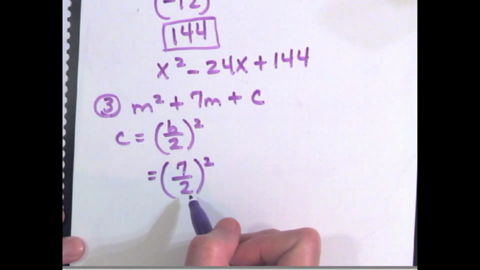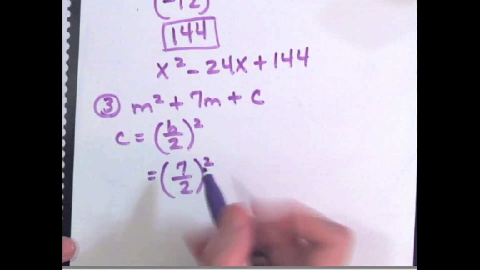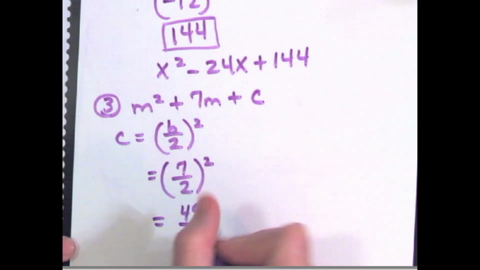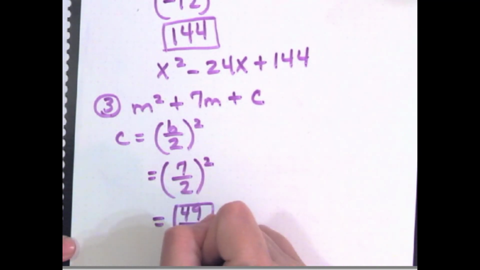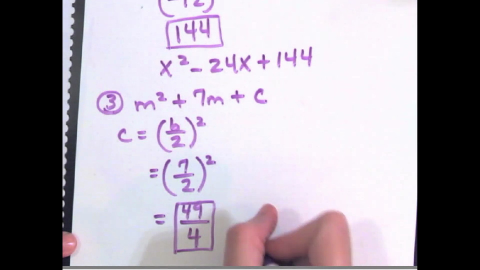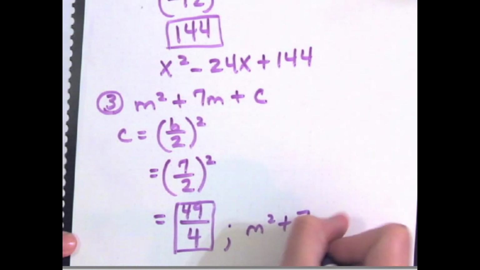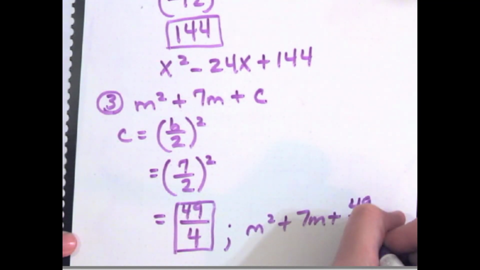We're going to leave it like it is. Remember, when you're squaring a fraction, you square the numerator and the denominator. 7 squared is 49, and 2 squared is 4. And that would be our C. And then the trinomial would look like this: m squared plus 7m plus 49 over 4.